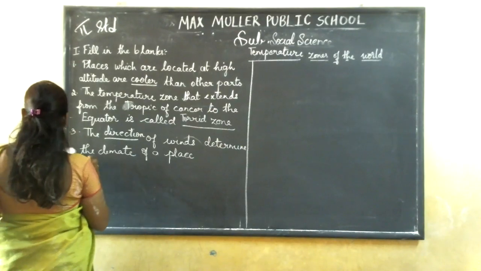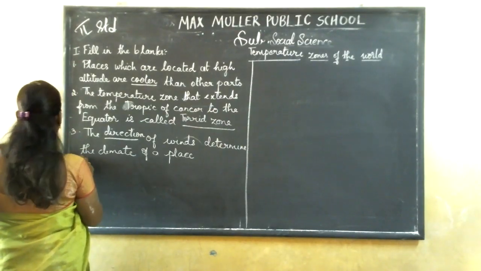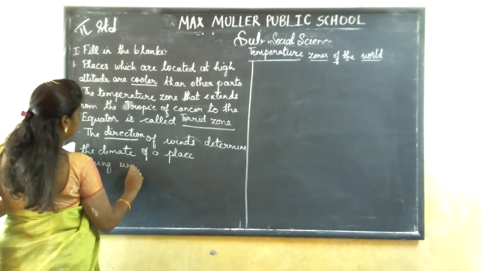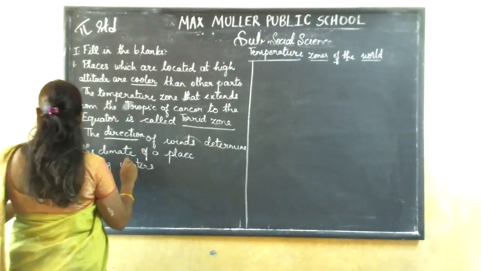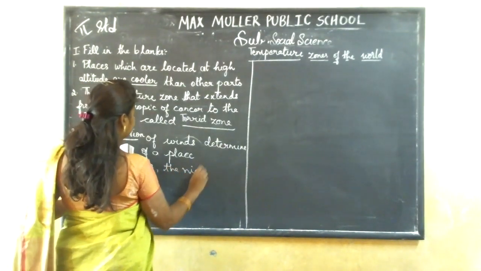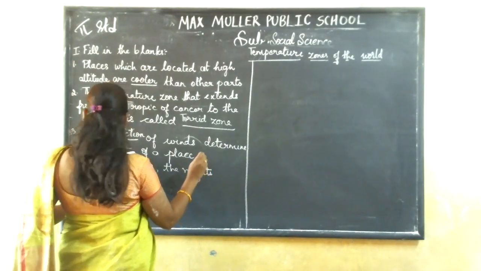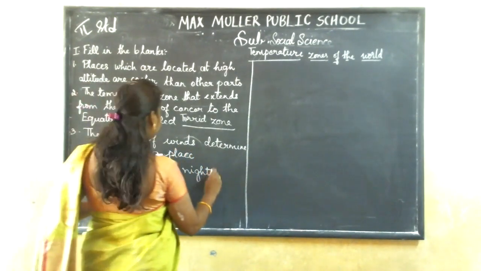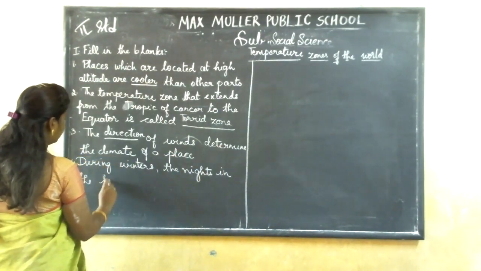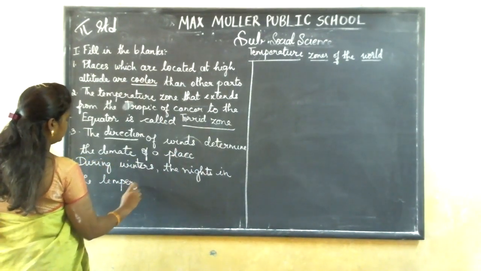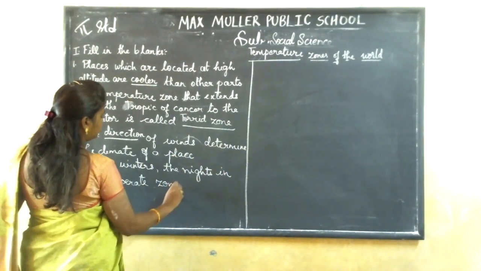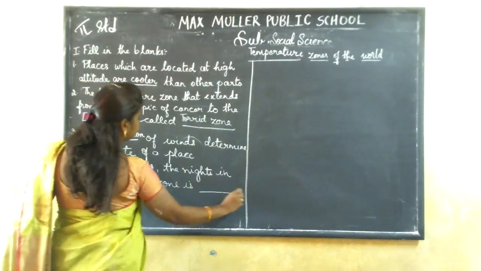Fourth one, during winters, the nights in the temperate zone is dash.